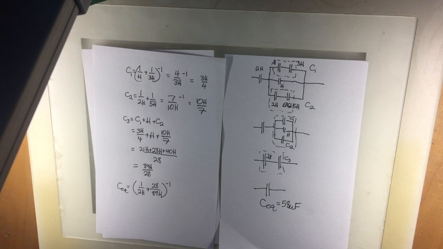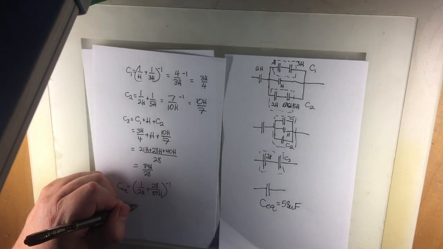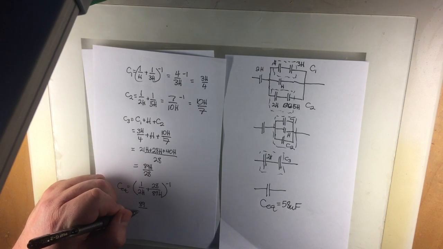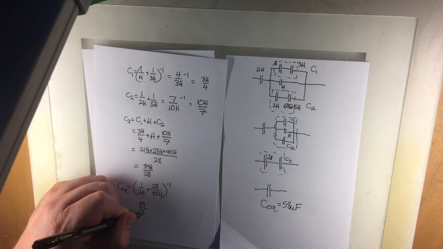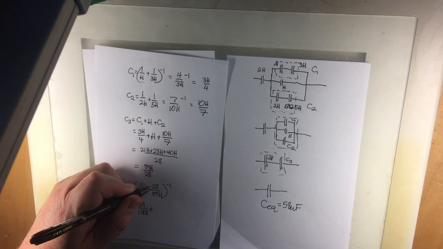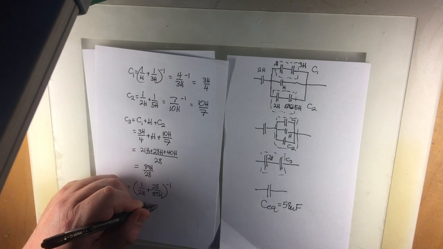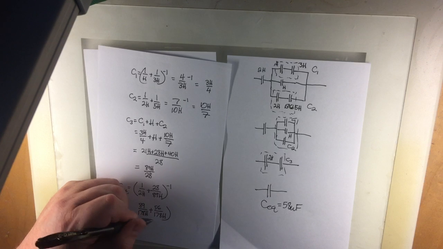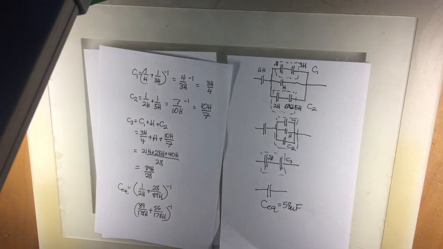Common factor of 89 times 2. So this is 89 over 178H plus 56 over 178H, inverted. Please let me do the math correctly.